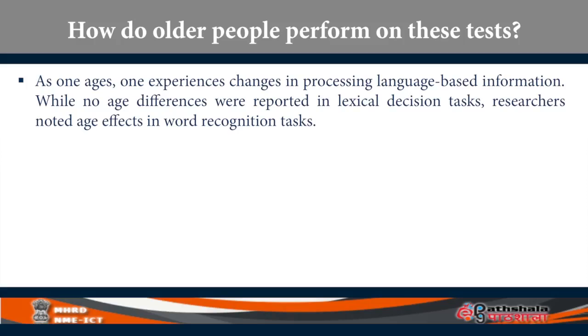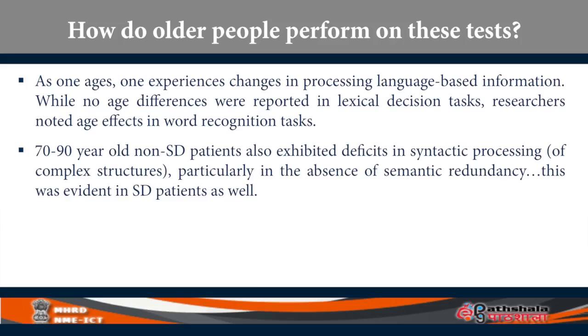For instance, I came across a study of 70 to 90-year-old non-semantic dementia patients who did exhibit some level of syntactic processing problems. That is, especially if the sentence that they are asked to understand and perform some action on is very complex, and also there are very few semantic redundancy cues.